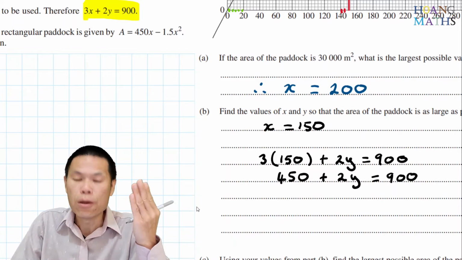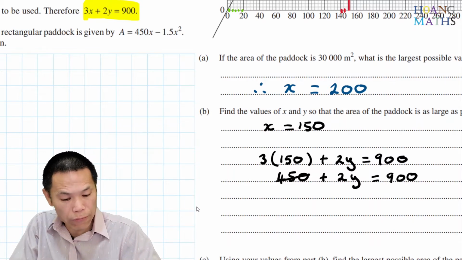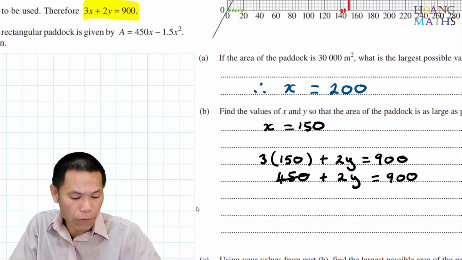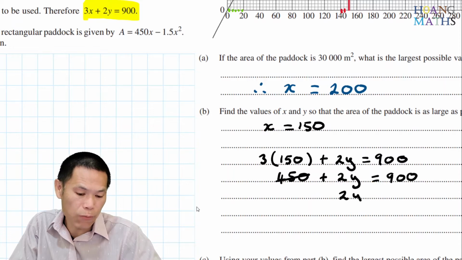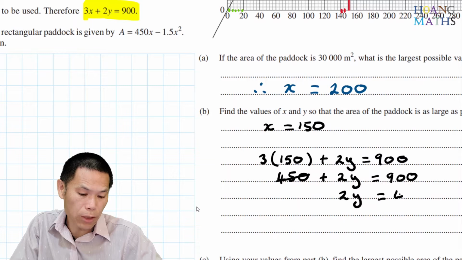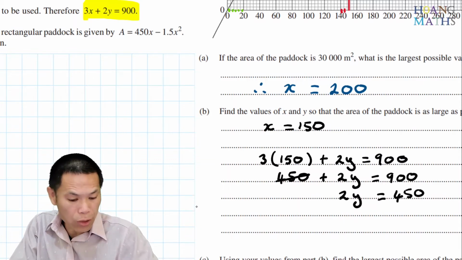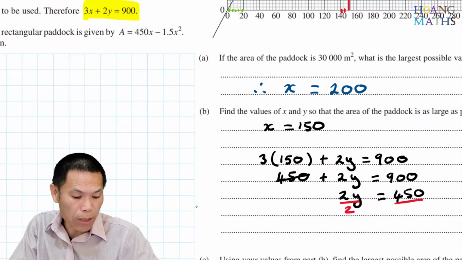Now I just need to minus 450 on both sides because I want to get rid of this 450. So minus 450 on both sides. So this side leaves 2y. 900 minus 450 equals 450. So now I just divide this by 2.